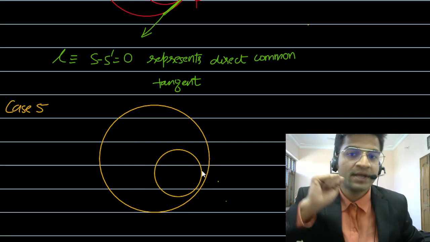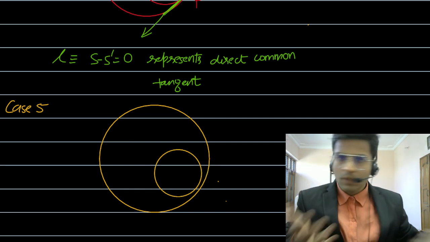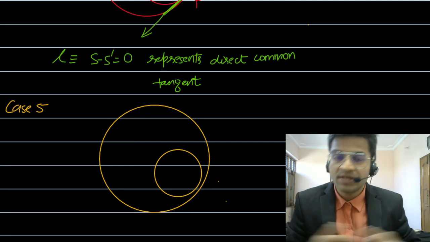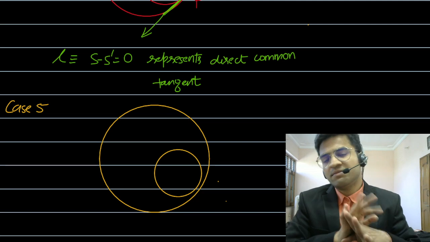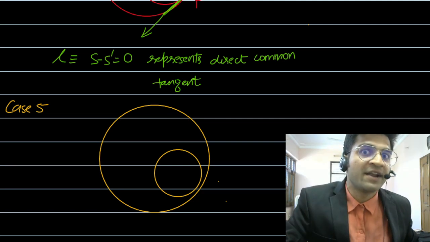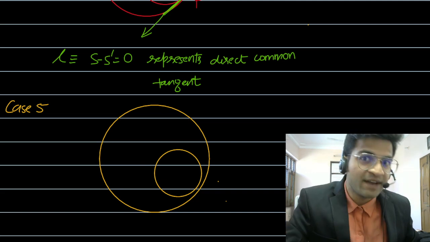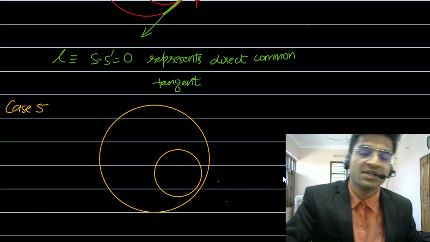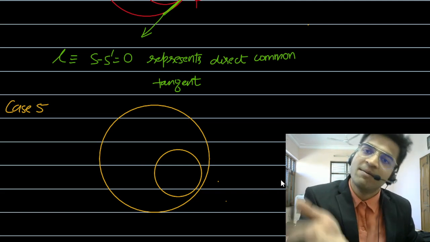Be very clear about it. Now there is no common chord and no common tangent. So the radical axis is not of much significance, though there will be a radical axis. It will lie outside both of the circles.